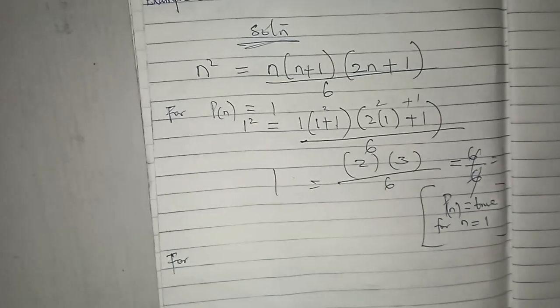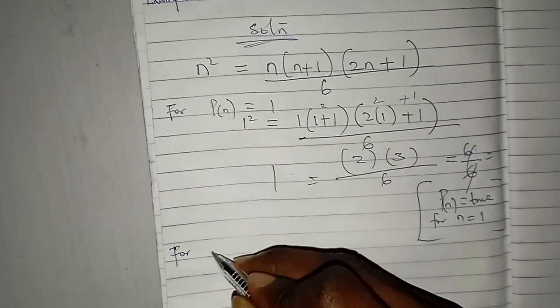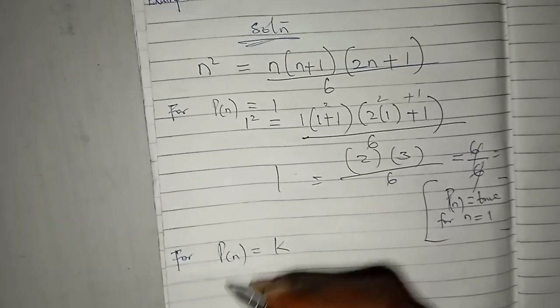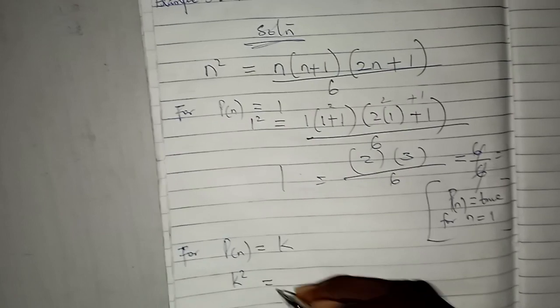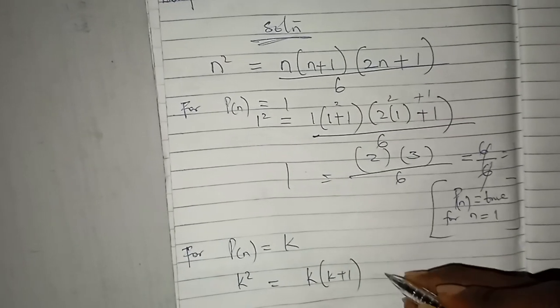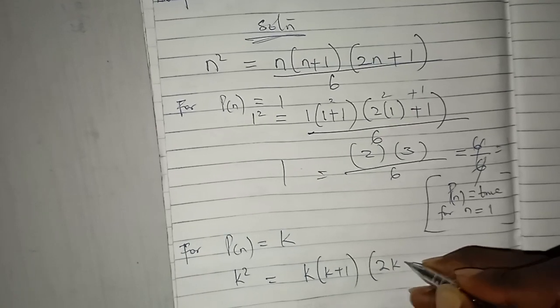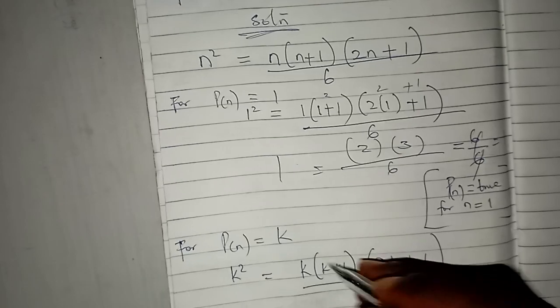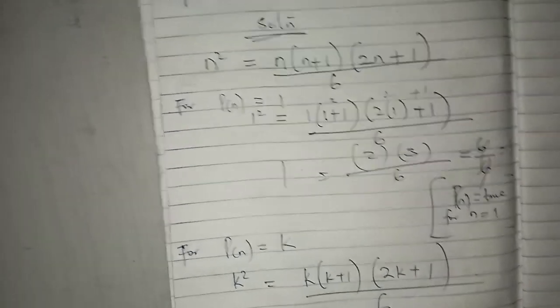So for the second step, the assumption step, we do P of n equals k. I'll simply have k squared equals k into k plus 1 into 2k plus 1 all over 6. So this is our value for P of k, which we will use in the next step.